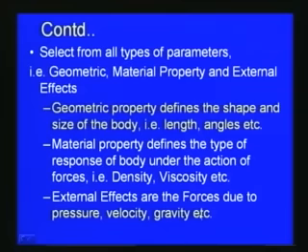When we do the dimensional analysis, we have to see how the forces are acting, how the pressure is varying, or how the velocity and gravity are affecting the particular model or study we do. So when we select the different types of parameters, we have to take care of the geometric property, material property, and the external effects.